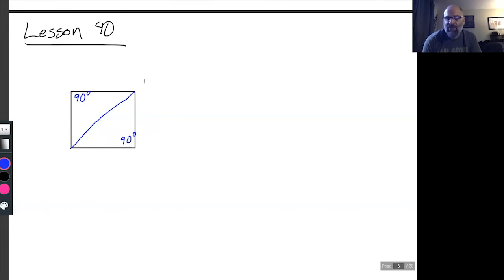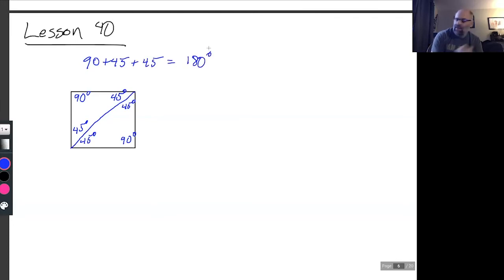Well, what's half of 90? 45. So we got 45, 45, 90. Okay. So now these are both 45s as well. Now, if you add these all up, you get 90 plus 45 plus 45. That will equal 180.